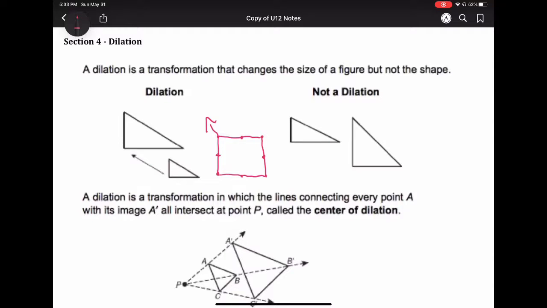If you are pulling by the corner, you are making the whole shape go to scale. But if you were to only pull on one side of the shape and nothing else, that's not a dilation. So a dilation is only when you're using the corner to stretch your picture.